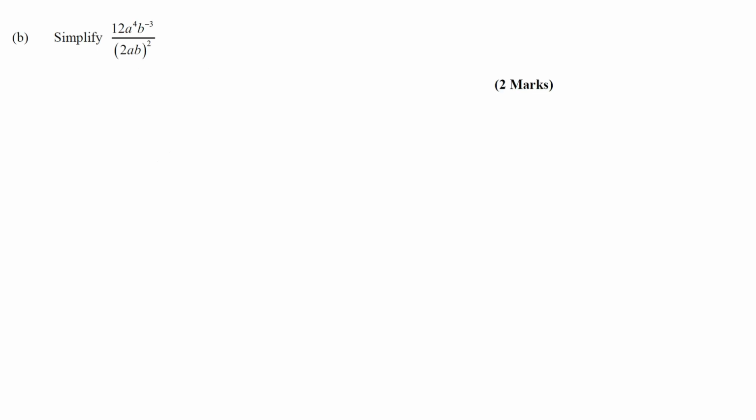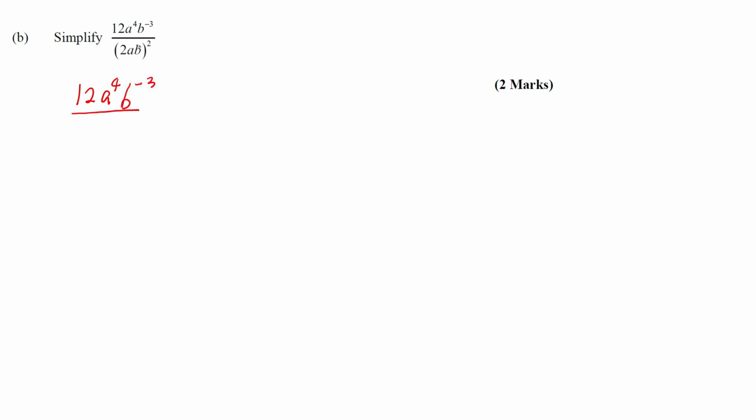Alright, next question, simplification. So simplify the following statement. So the one thing I would like to highlight in this part is you have a bracket with a power 2. So make sure all the elements in the bracket are given the power 2. For example, 12a^4b^-3.